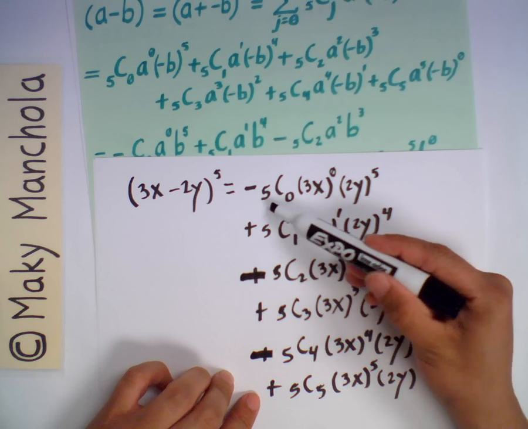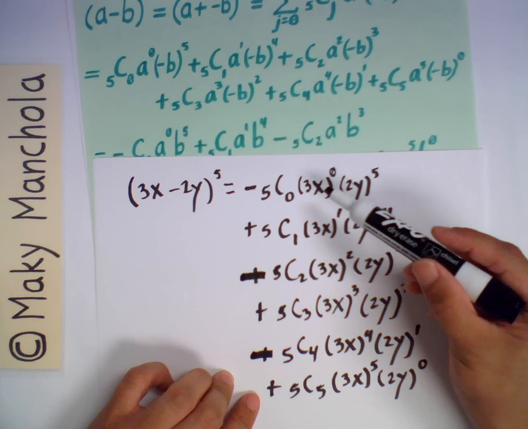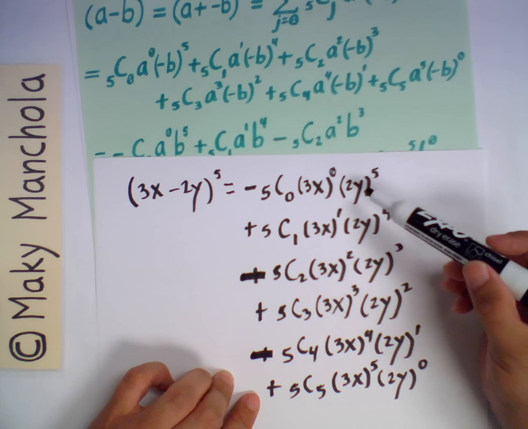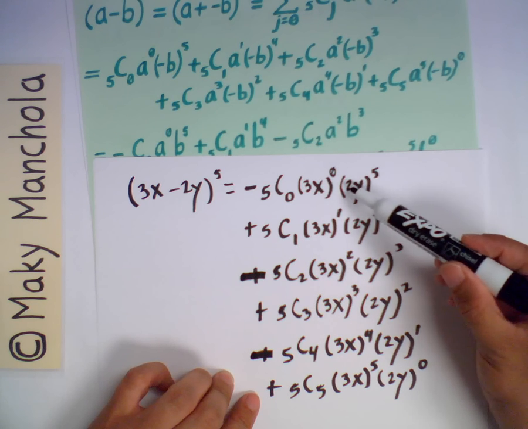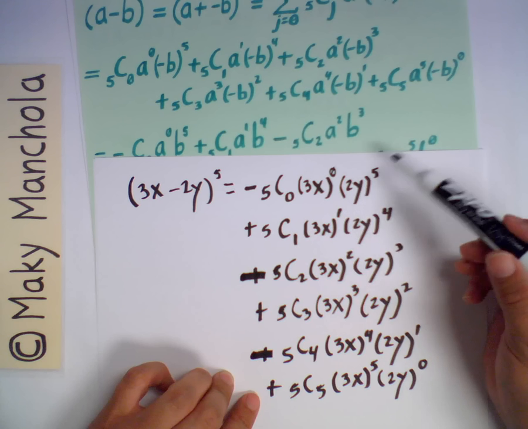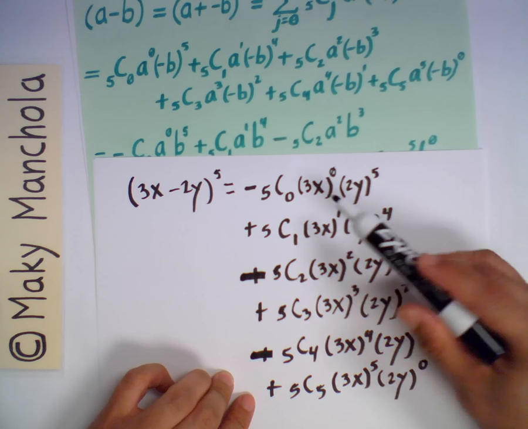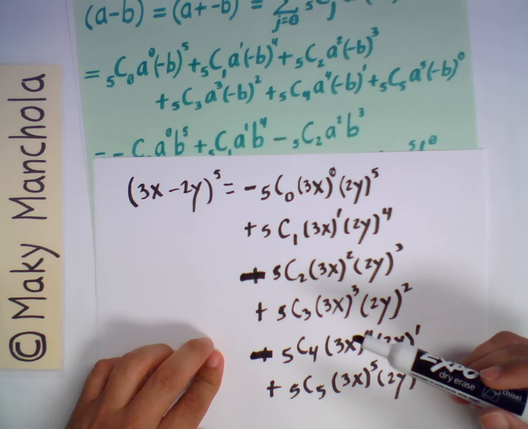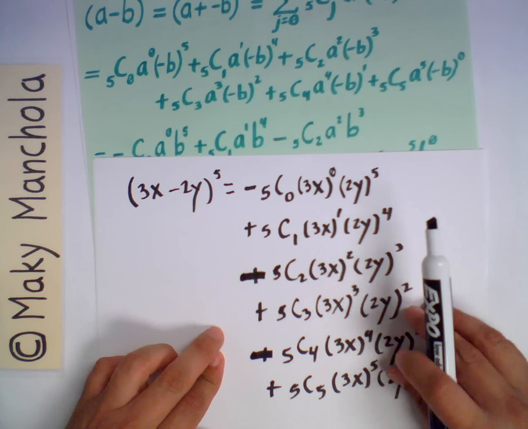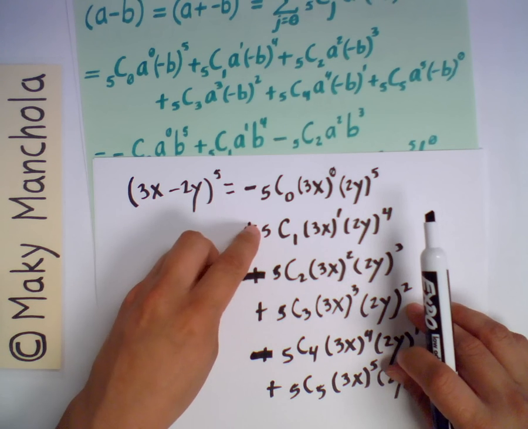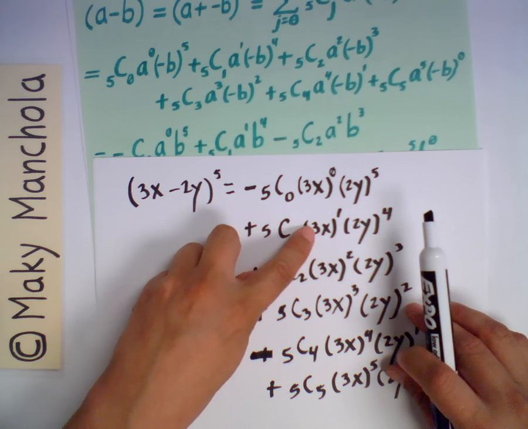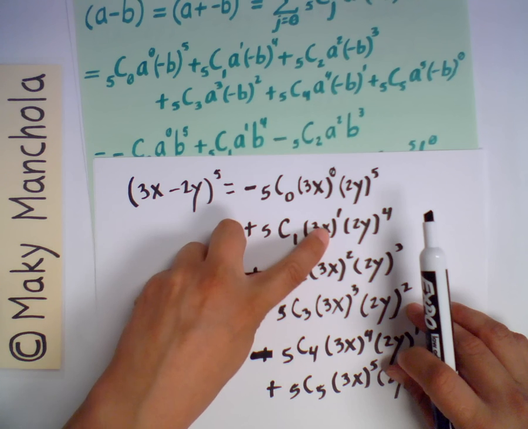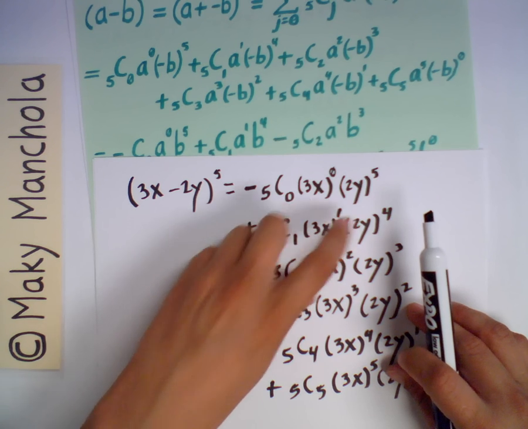Here we will have to do 5 choose 0, 3x to the 0 becomes 1, and then 2y to the fifth becomes 2 to the fifth y to the fifth, and 2 to the fifth is 32. So you write that down as the first term of your next step, and then you write 5 choose 1, which happens to be 5, and then 3x times 16y to the fourth.